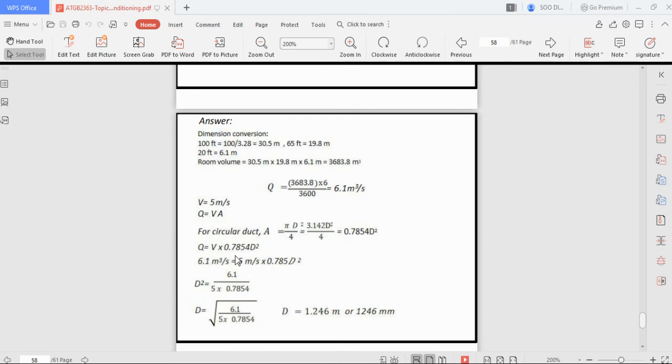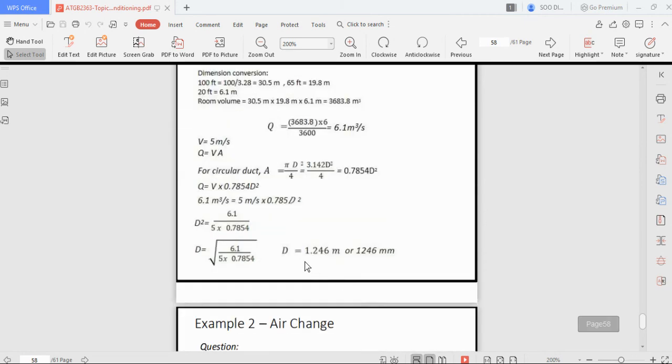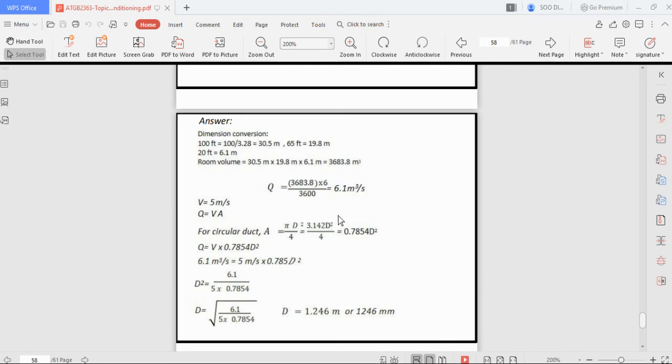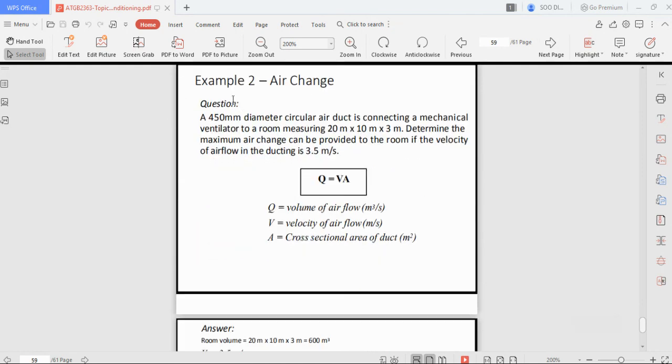So by putting all this value in, you are to solve the D. Once you put all this value in, this is your room requirement and this is your changes of the air, and then you solve the D, you get that the diameter for the circular duct is actually 1.25 meter. So you just plug in the formula and then you solve what is D. So on to the second example.